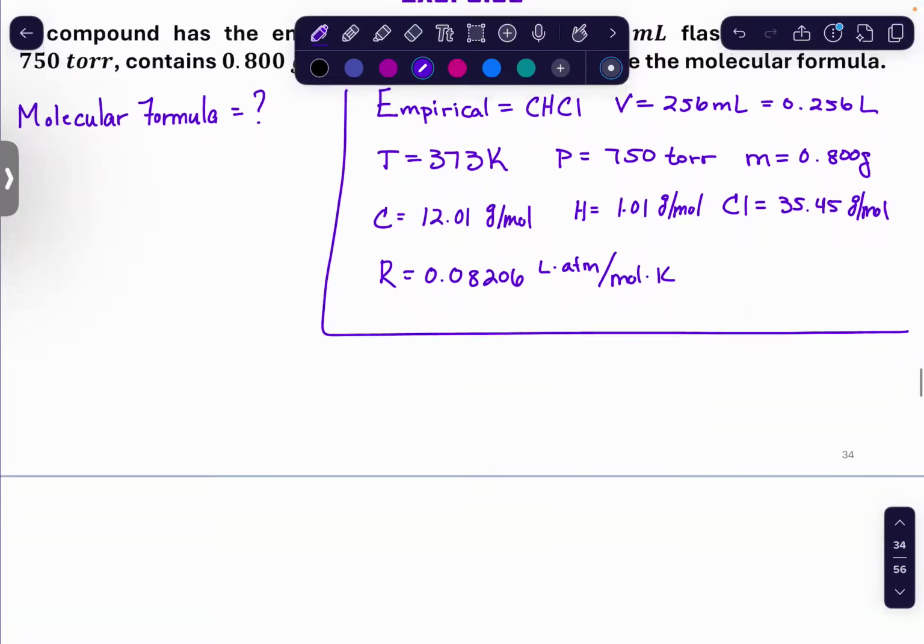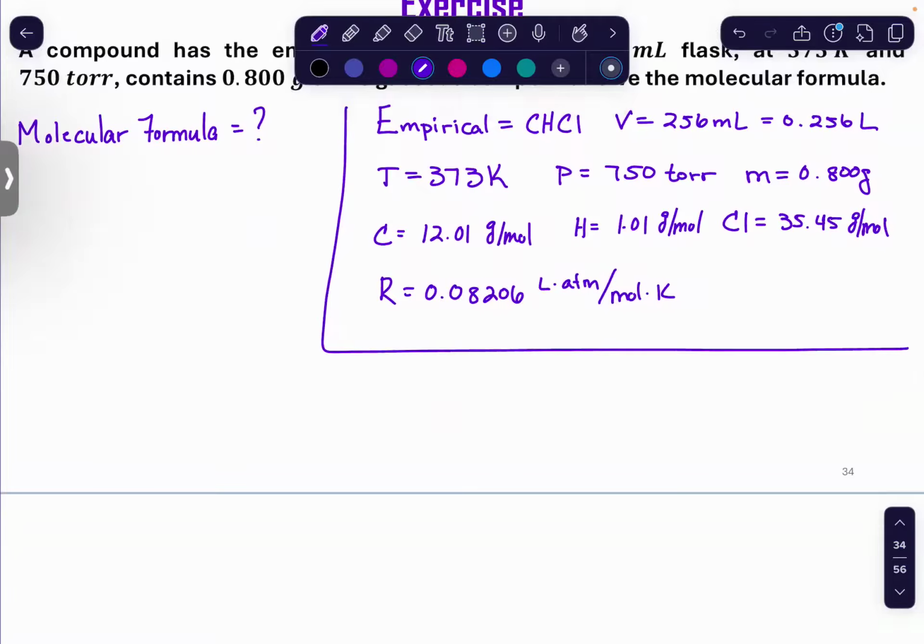I know that I'm going to need pressure in atmospheres, so let's go ahead and do that. When we talked about these conversions, we remember that there's 760 torr per atmosphere.